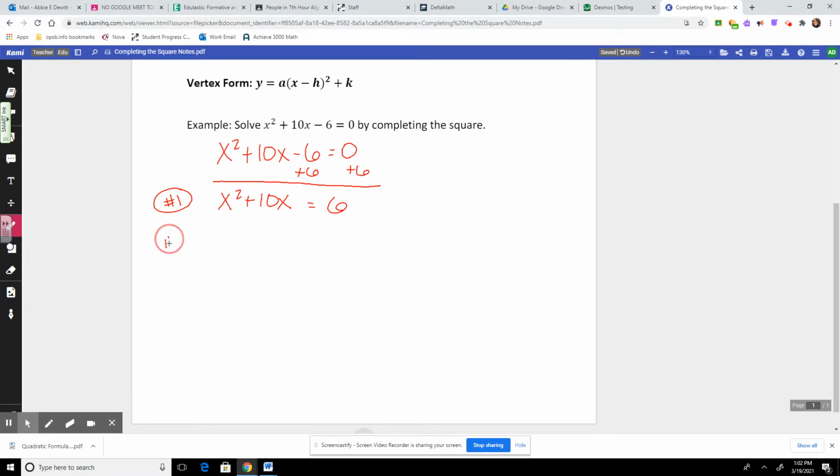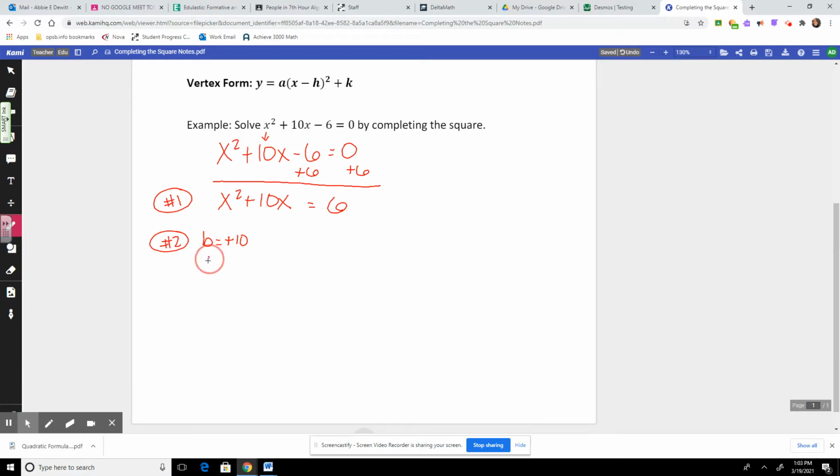Step number 2, we're going to step away from this equation for a moment. And what is my b value? Well, my b value from looking at my original trinomial is positive 10. So b is positive 10. And I'm going to divide that coefficient of my x term by 2 and square it.